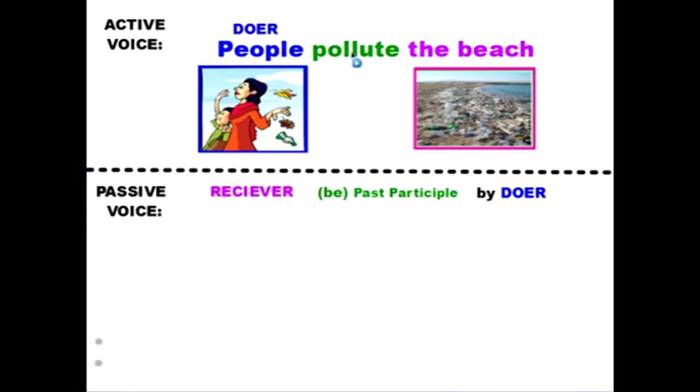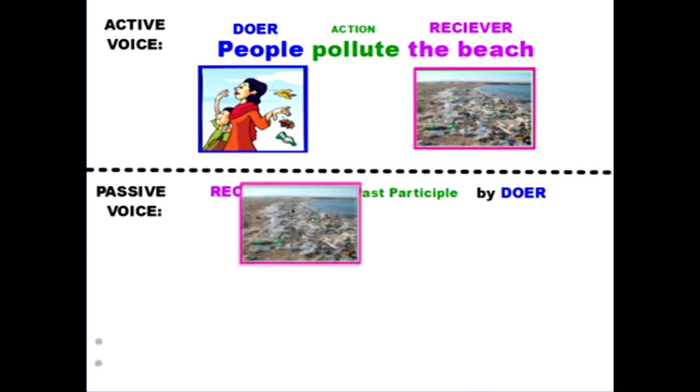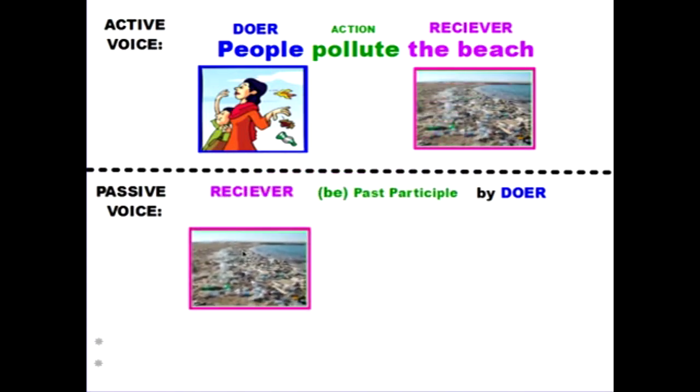So they do this action. They pollute, right? So the doer does the action, and the beach receives the action. So that's the receiver. So the people pollute the beach, the doer does the action to the receiver, and that's the active voice, right?